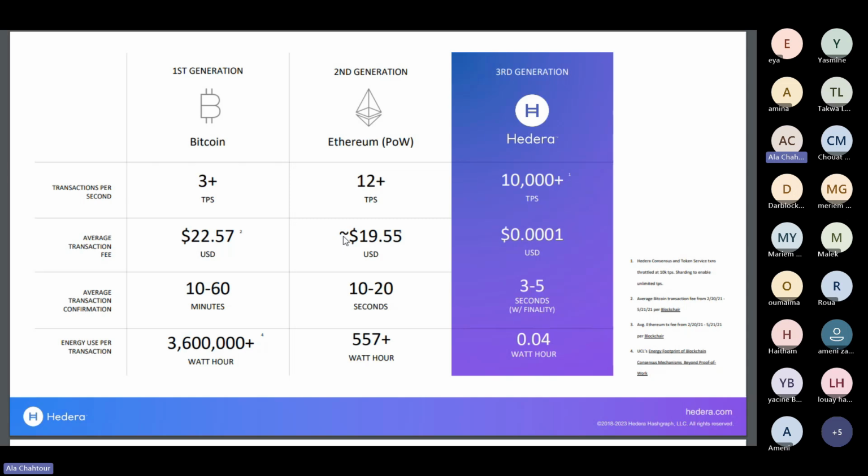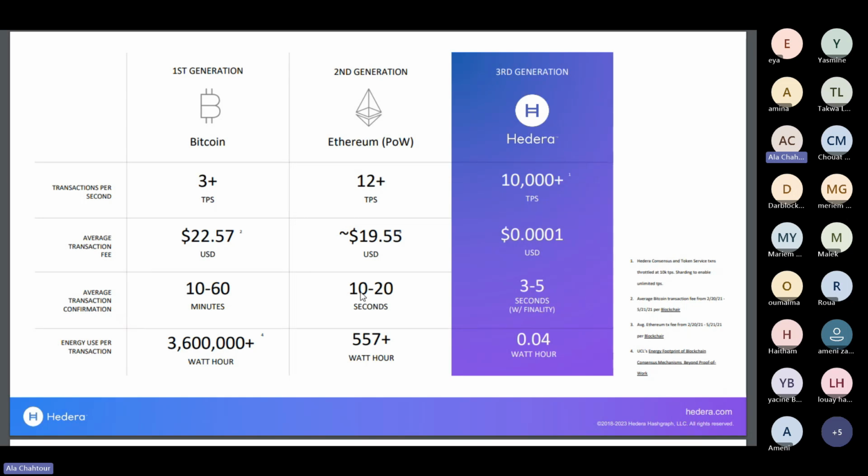We can easily reach $130. The transaction fees on Hedera are fixed, and it's always $0.001 per transaction. Also, the time of executing a transaction on Bitcoin is between 10 and 60 minutes.